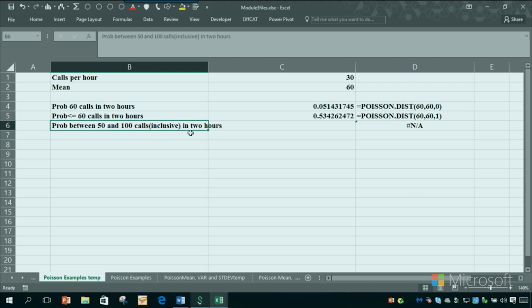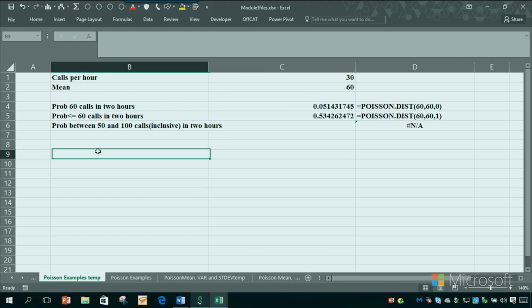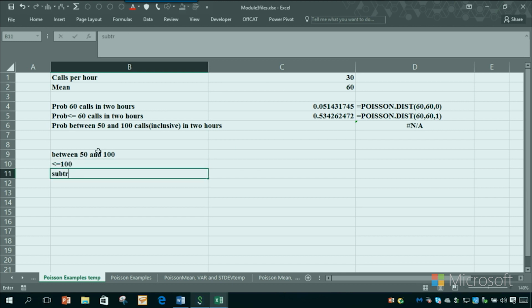Now the chance of between 50 and 100 calls, that's tricky, because the Poisson.dist only does the probability of less than or equal to something. So if I want the chance of between 50 and 100 calls inclusive, I've got to take the chance of less than or equal to 100 and subtract off the chance of less than or equal to 49.